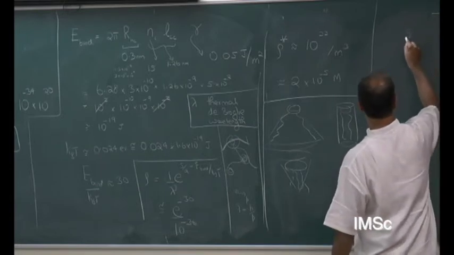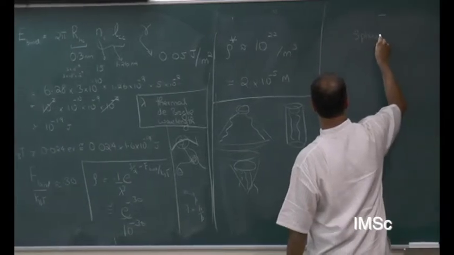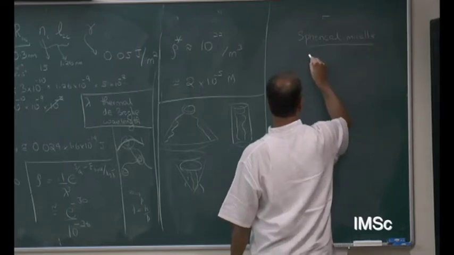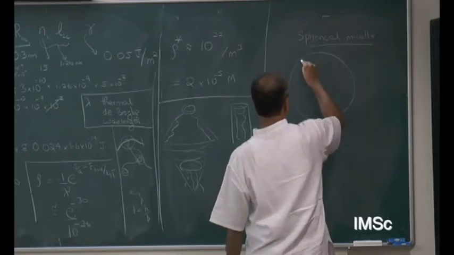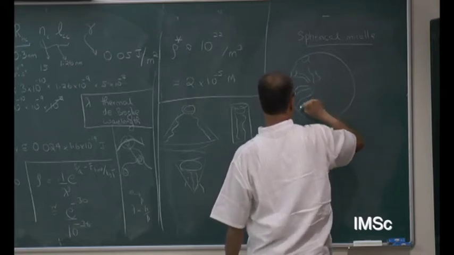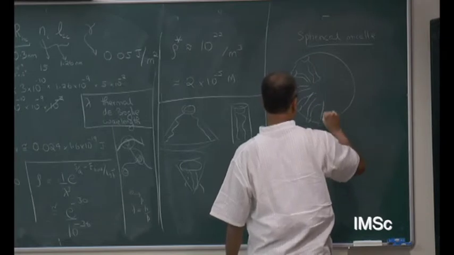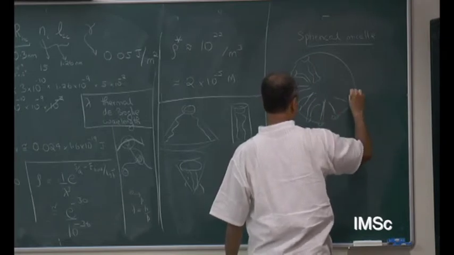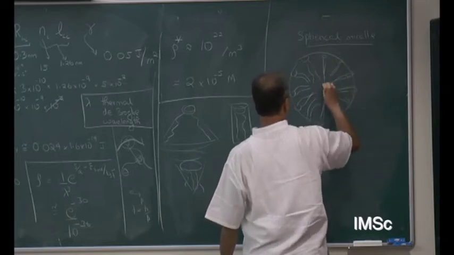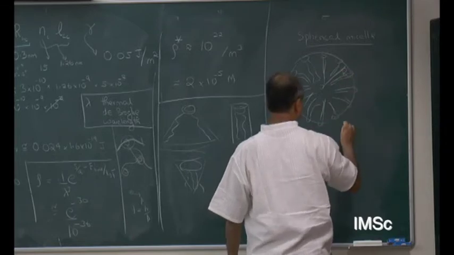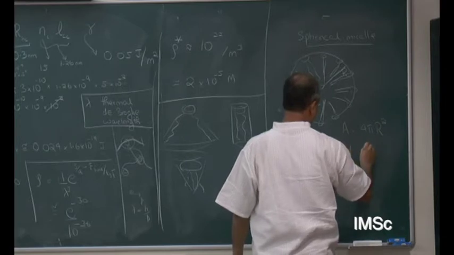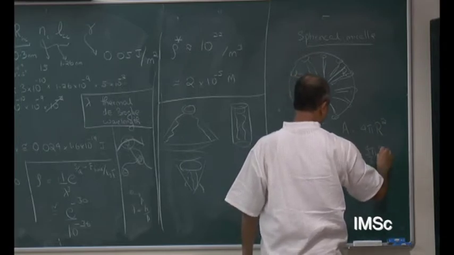So let's consider a spherical micelle. So that's something that looks like this. Let this micelle have some radius r. So that means the area is 4 pi r squared and the volume is 4/3 pi r cubed.